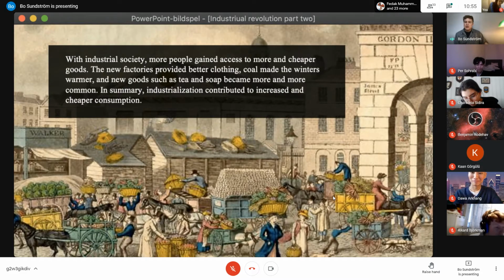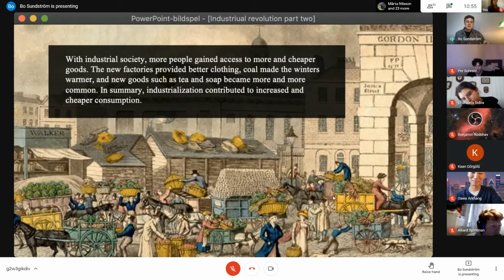So now people could clean themselves in a new way with better products to do that. They could choose between different varieties of tea if they wanted to at the market. And they could live in warmer households because they could have coal to warm themselves. Of course, that existed before, but now they could warm big buildings in a new way.